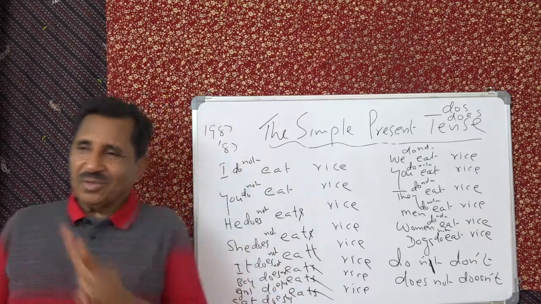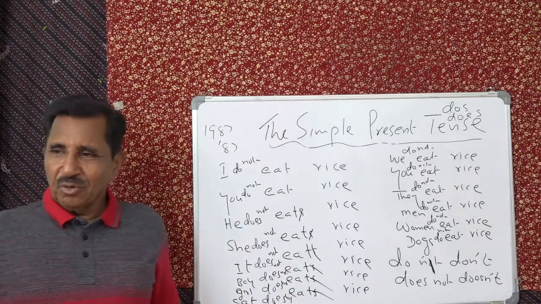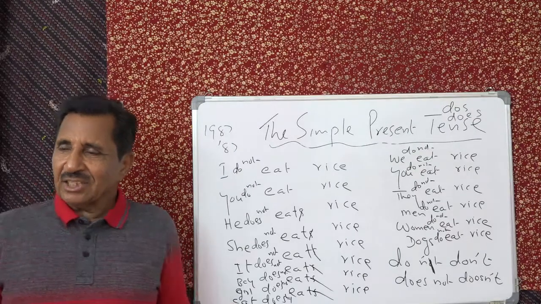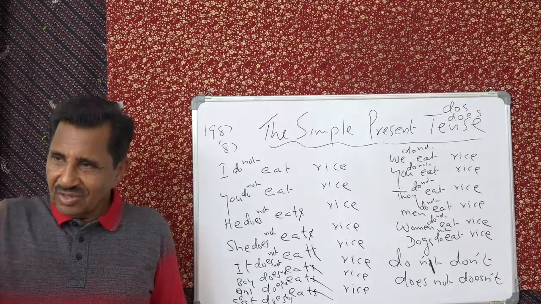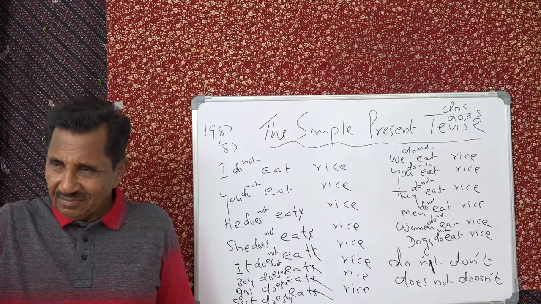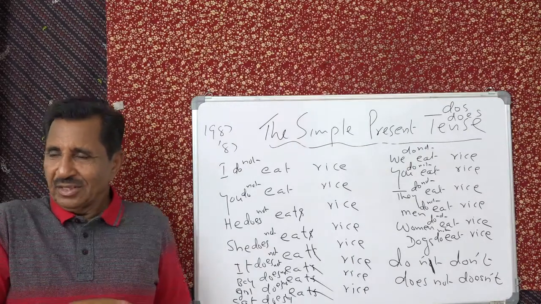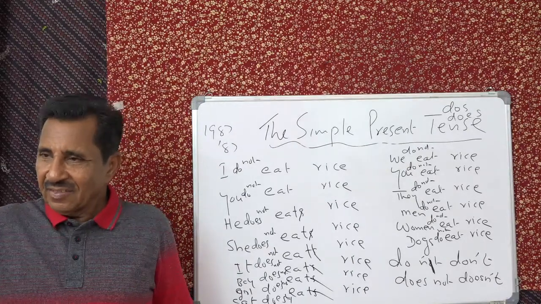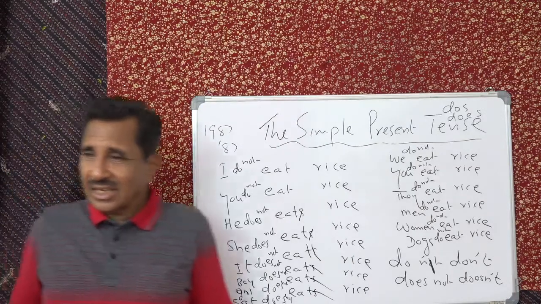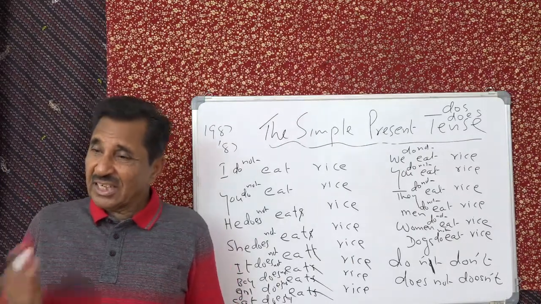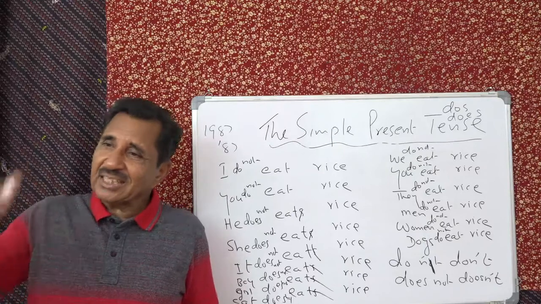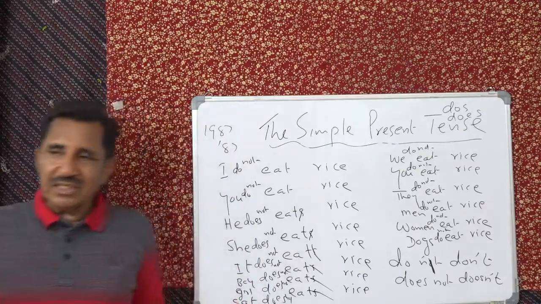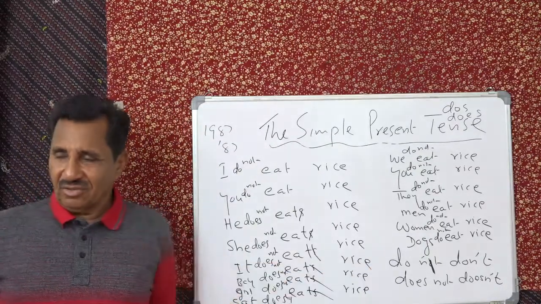Here you have got two words, do and eats. Tense marker is S. So you take the tense marker from there and attach it to do. Then do will become does. Then after that you cannot say does eats, you have to say does eat, because the S has already been removed. Now it's easy, add not.